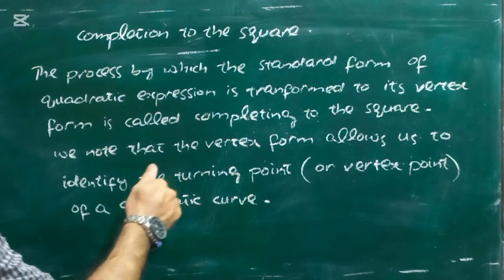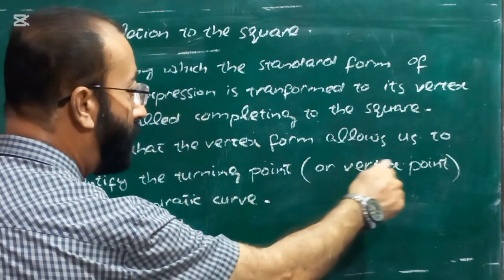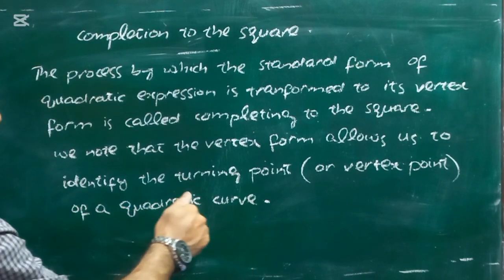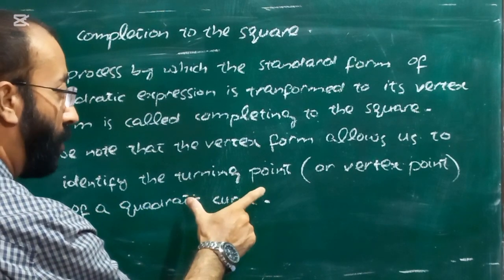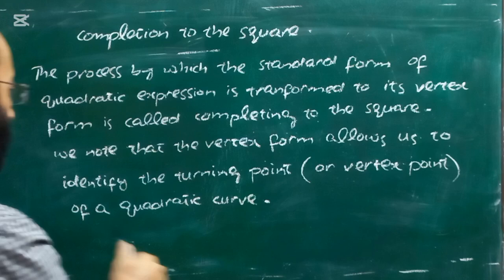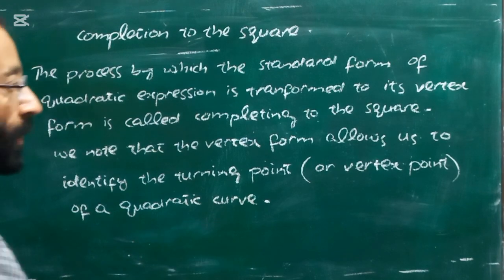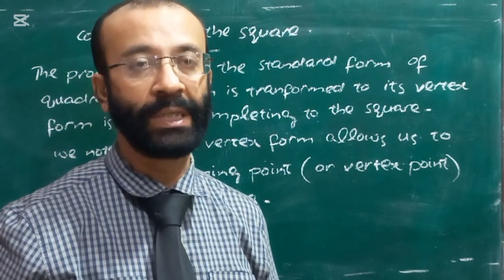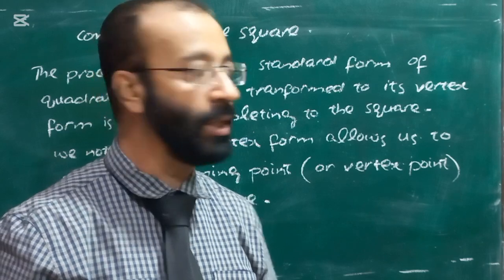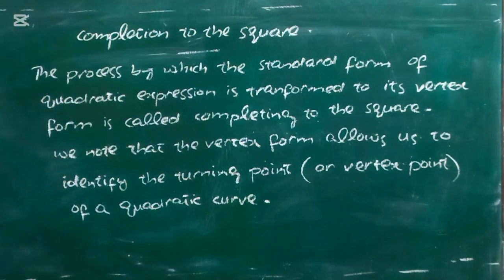The standard form is ax² plus bx plus c, and the vertex form is a(x plus p)² plus q. We note that the vertex form allows us to identify the turning point. The turning point is also called the vertex point of a quadratic curve. Concentrate yourself. We are going to start different types of question solving on the board.